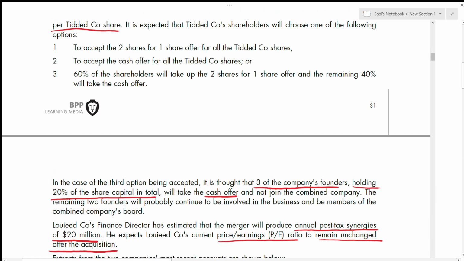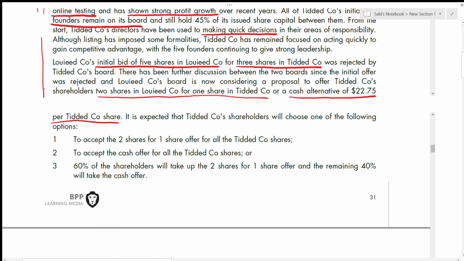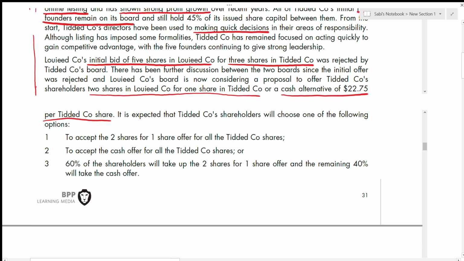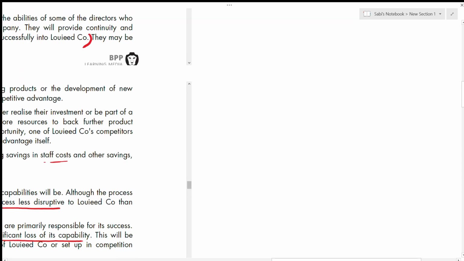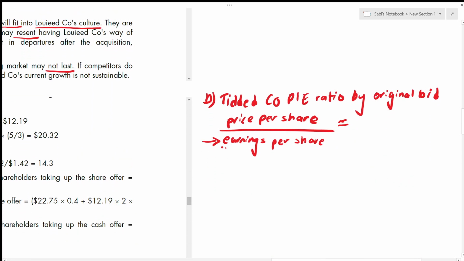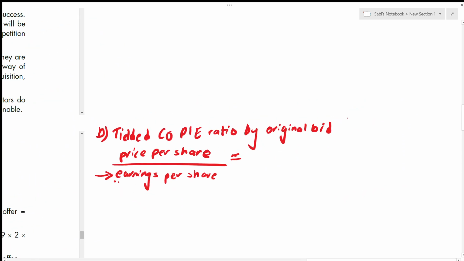Okay. Here they told what was the initial offer? Initial bid of 5 shares in L for 3 shares in T company. Right? So this I will write here. The initial bid I will write here in bracket. 5 shares of L, right?